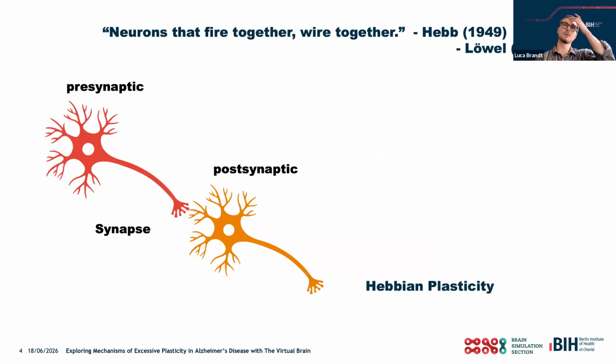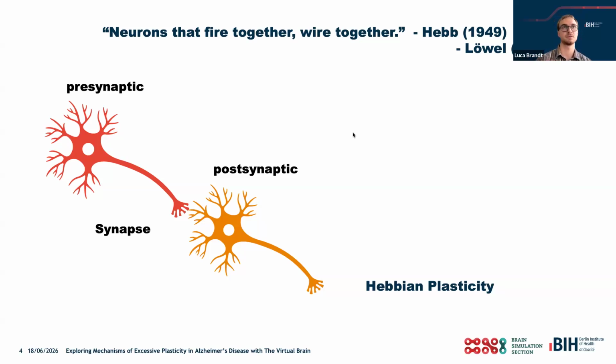You might be familiar with the phrase "neurons that fire together wire together," which came from Donald Hebb in the 1950s and was later coined by Löwel. There's a whole dispute between some researchers about who really came up with that catchy phrase. It describes the most fundamental form of plasticity pretty well: if two neurons' firing coincides, their connection strengthens.